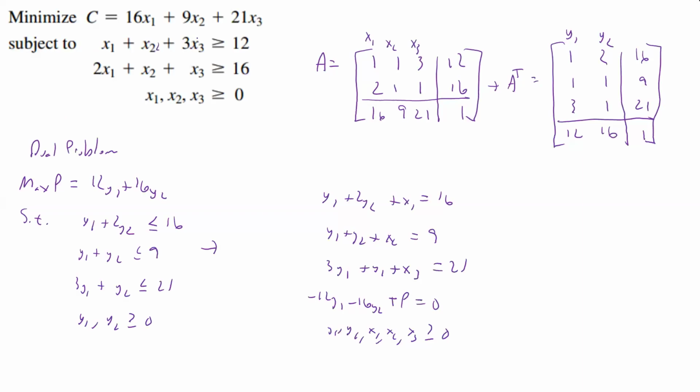So no room on that page, so let's go to this page. And so for our initial tableau, we're going to have y1, y2, x1, x2, x3, p. And then we have our slack x1, x2, x3, p.